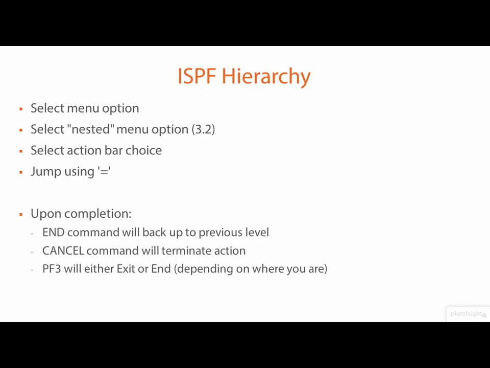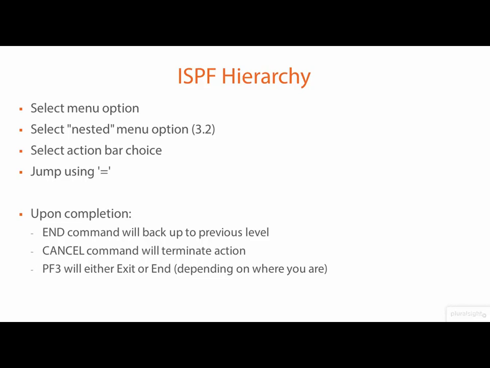So for example, if I'm in an edit screen, I can use option equal 3.2, which will take me back to the primary menu and then go to the utilities option and then option 2 within that. So it's a way of taking a shortcut without having to back out of a particular function and then go down a different path. We can jump directly to the screen that we want to go to.